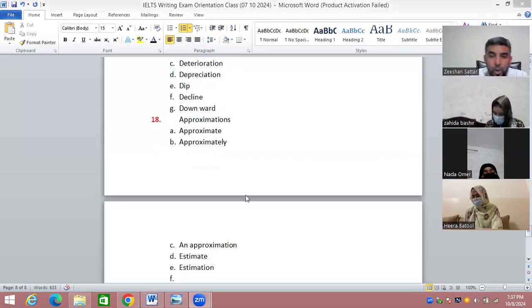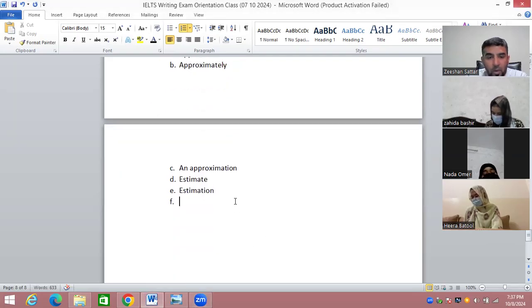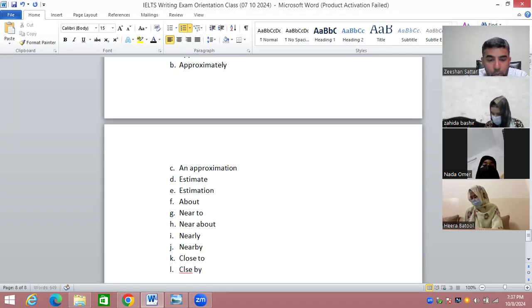We can use the word about. We can use the word near to. We can use the word near about. We can use the word nearly. We can use the word nearby. We can use the word close to. We can use the word close by. We can use the word closely.